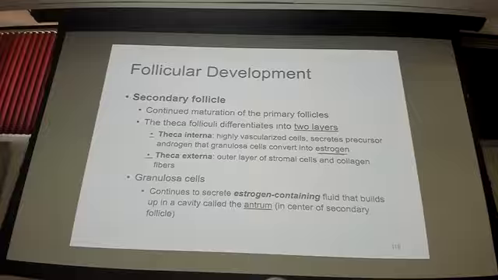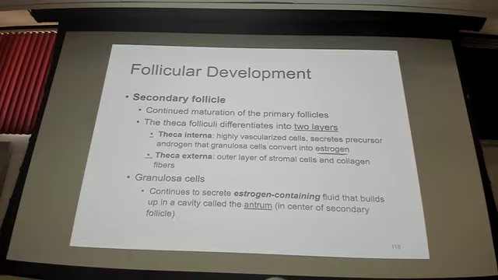Again, estrogen being a very, very important hormone in this entire process. So inside the cell, we have those granulosa cells secreting some estrogen. And then outside, we have the theca interna helping to convert additional estrogen, right?